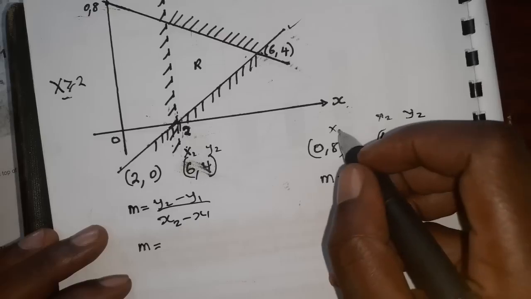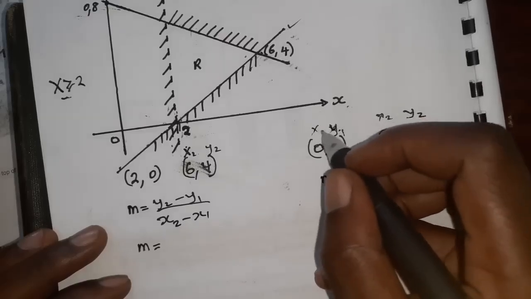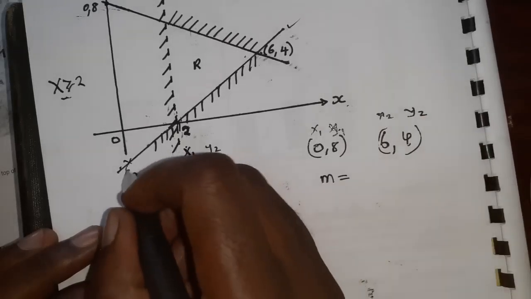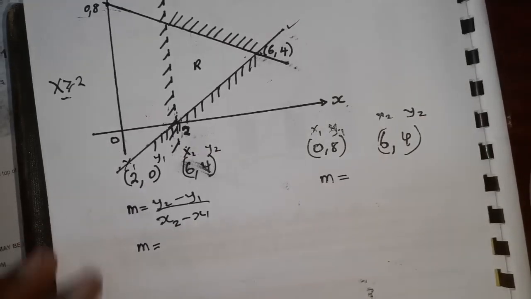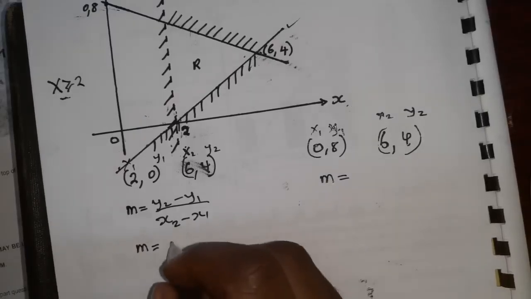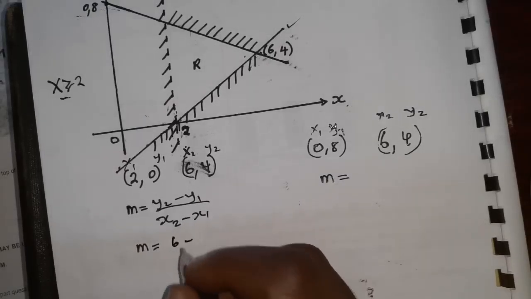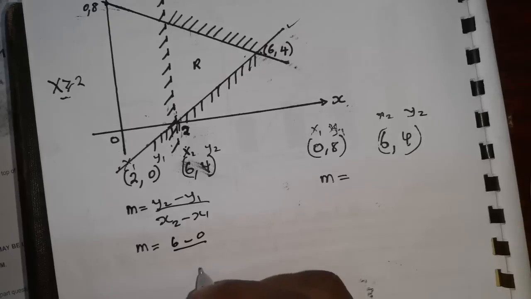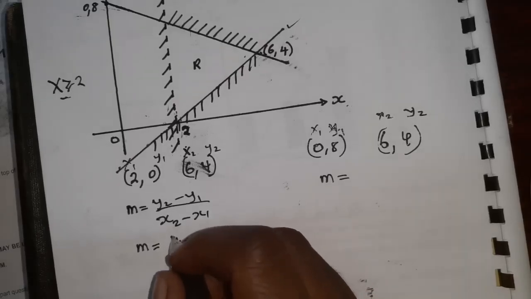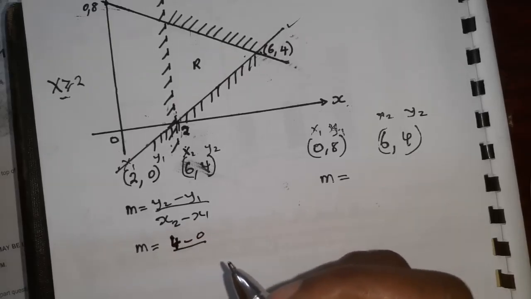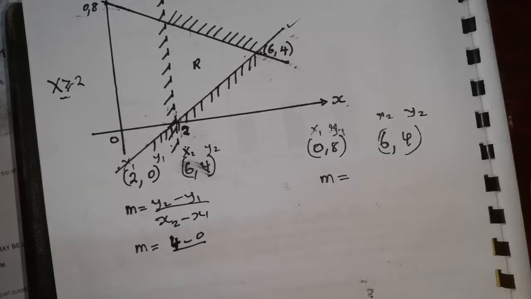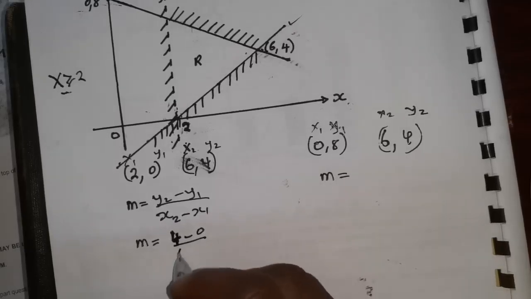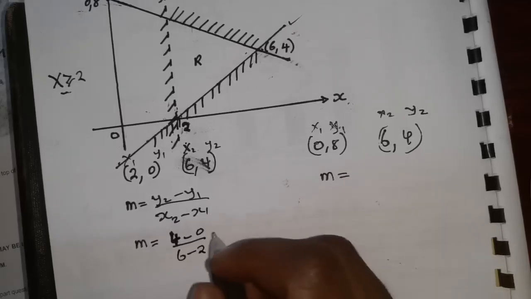This is our y1, this is our x1. Here, this is our x1, this is our y1. So we say y2, which is 4, sorry, it's 4, isn't it? Yeah, it's 4. 4 minus 0, then is 6 minus 2.